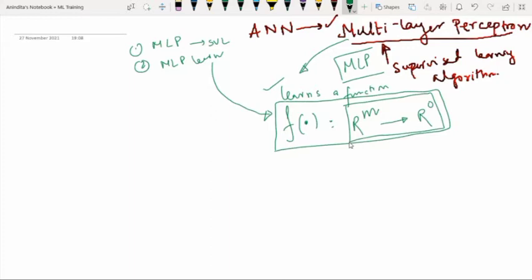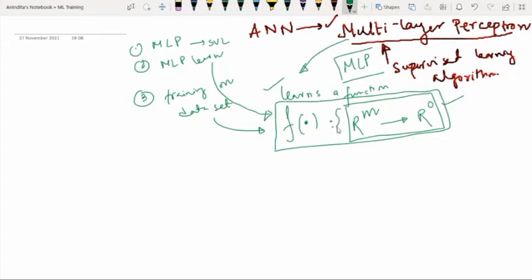Before going into the details, I will give you a third point: learning this f function is achieved by the training process. Means if we train our neural network on a particular data set, then only this learning is achieved, right?